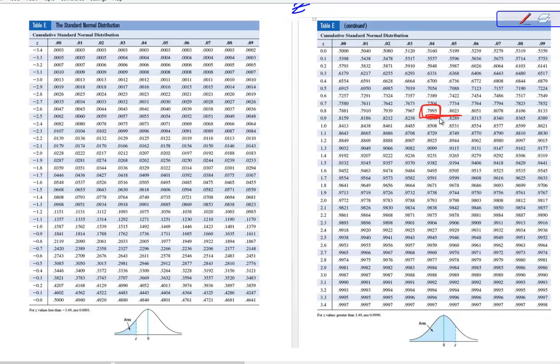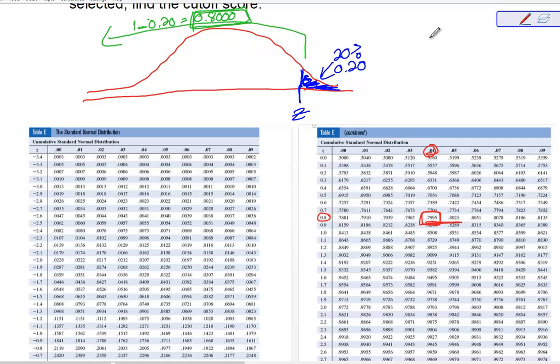You want to use the one that it's closest to. So the z that corresponds to this is going to be 0.84, because I use this and this. So my z that we will use is 0.84.